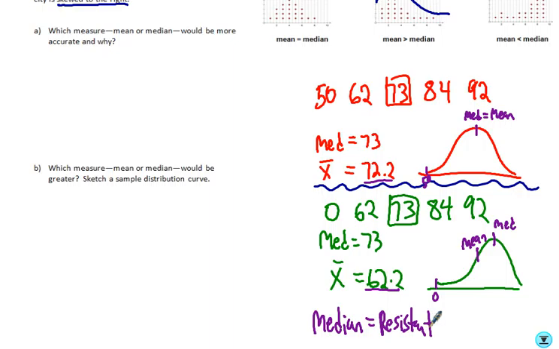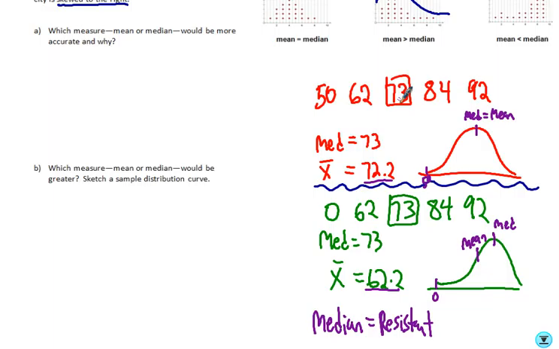And what we mean by that, the median's resistant, meaning that you could change numbers here on the left or right, and it doesn't impact or affect what the middle number is. And so that's why in a lot of cases, if you see statistics reported in terms of home prices, salaries, listen to the word they use. They'll use the word the median home price within Ventura County rose 5% or whatever it might be.